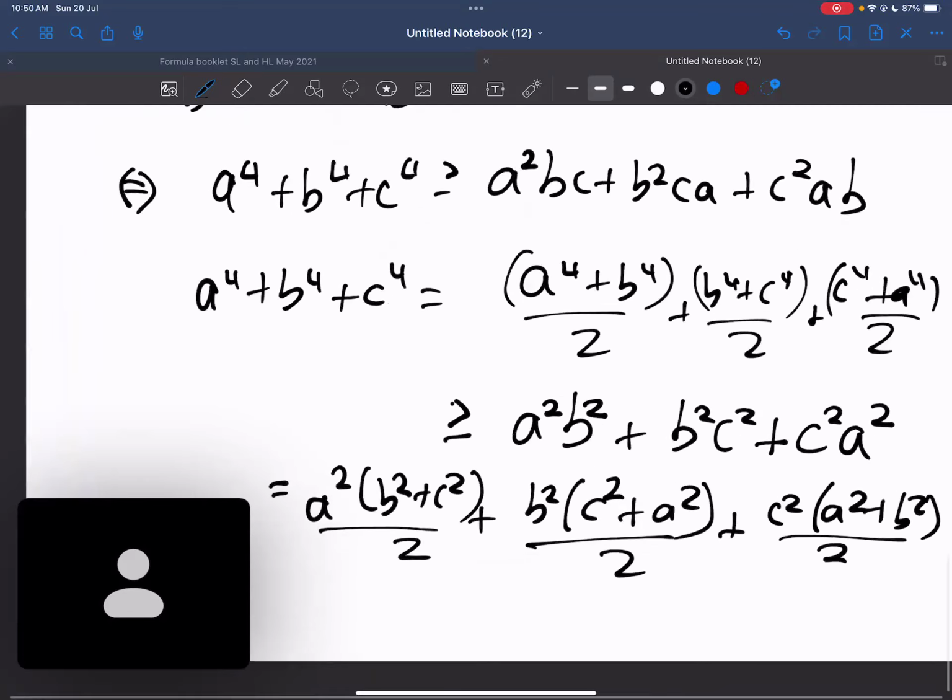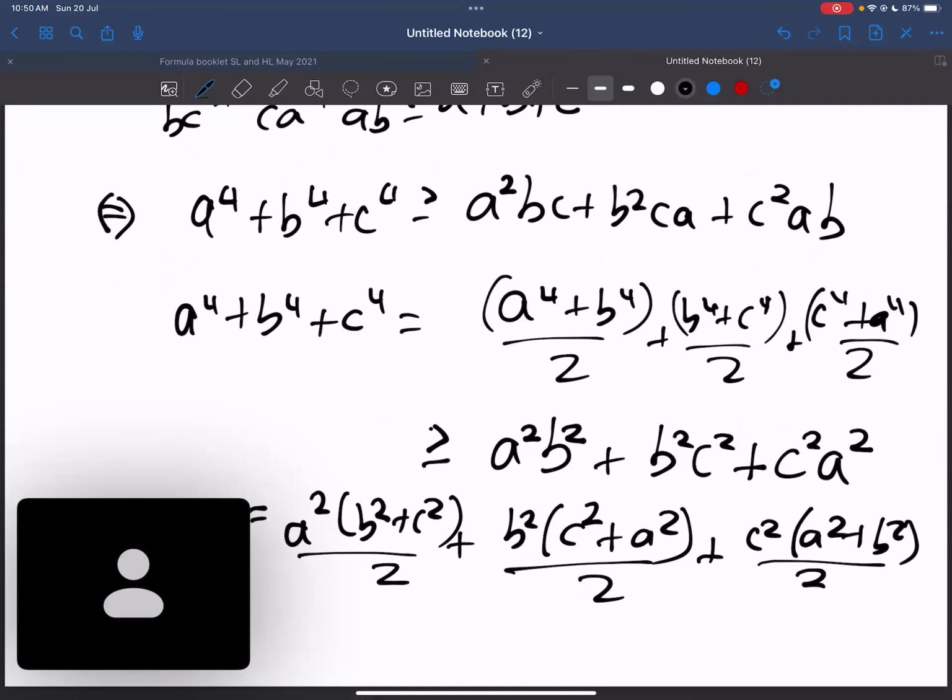And then what do we get if we apply AMGM on this?